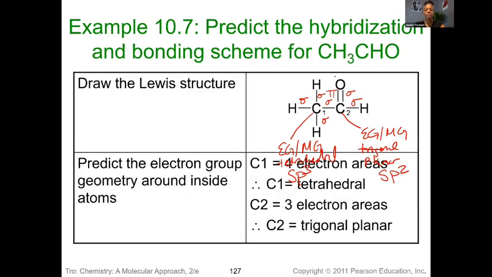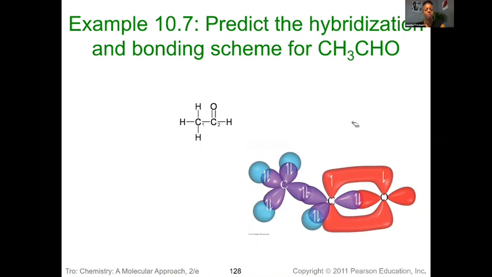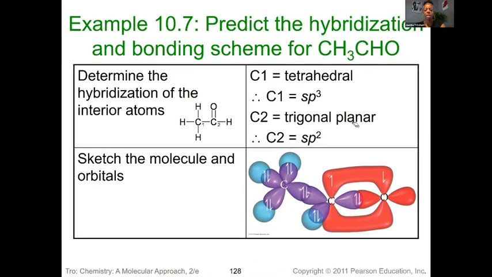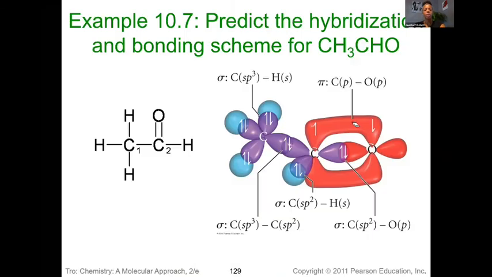Okay, so again, count those electron groups, determine the geometry, and then you can go about figuring out how many sigma and pi bonds are present. Okay. So again, here they're explaining how you can translate from the electron geometry to the hybridization. 4 means sp3, 3 means sp2, and then predict those accordingly. And then we would be able to state where are sigma and pi bonds as shown for you here.